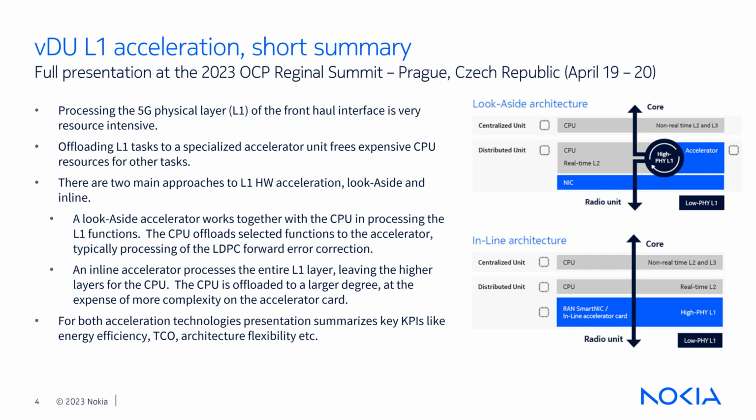And then the final presentation will summarize key KPIs like energy efficiency, TCO, architectural flexibility, and things like that. So there will be analysis of both alternatives and what kind of use cases are better for each of those, or when each of those is more applicable.